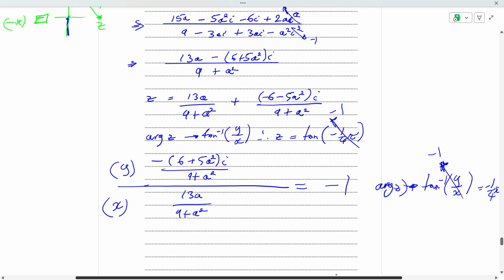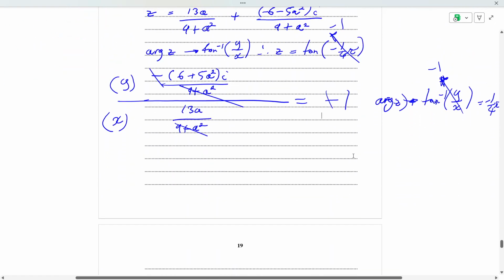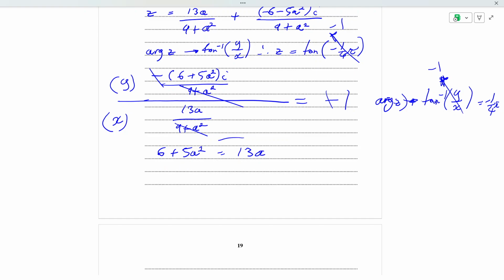All right. So now we can simplify that. We can cancel out these two that are common, cancel out the negative right there, and then we can take the a to the other side. So now we have 6 plus 5a squared is equal to 13a. And then we can take the 13a to the side, then we have 5a squared minus 13a plus 6 is equal to 0.